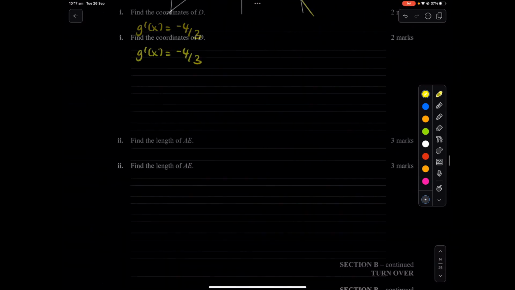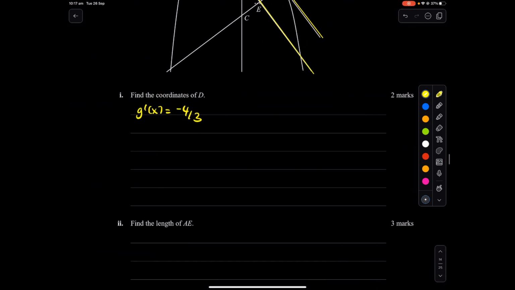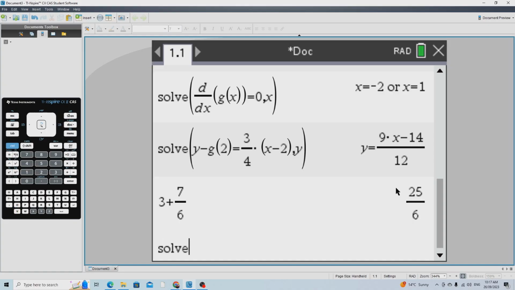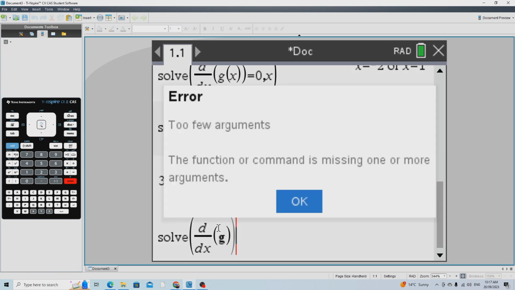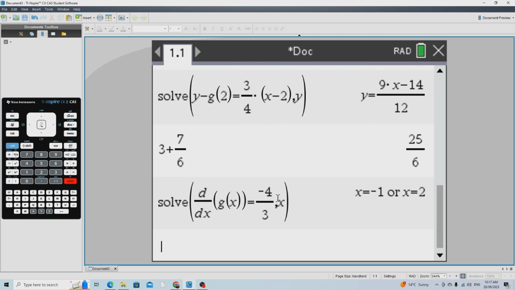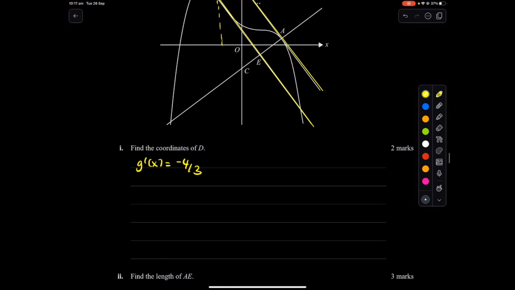Perfect. So we want to solve where g dash of x is equal to negative 4/3, given the value of x. Okay, so negative 1. So that value is negative 1.